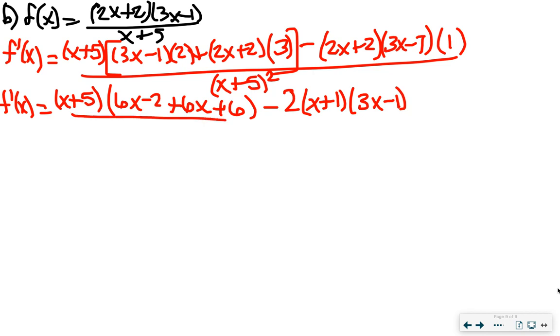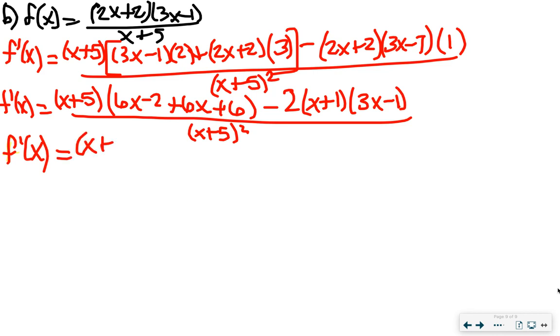Okay, all over my x plus 5 squared. Okay. Oops. So I'm getting 12x plus 4.